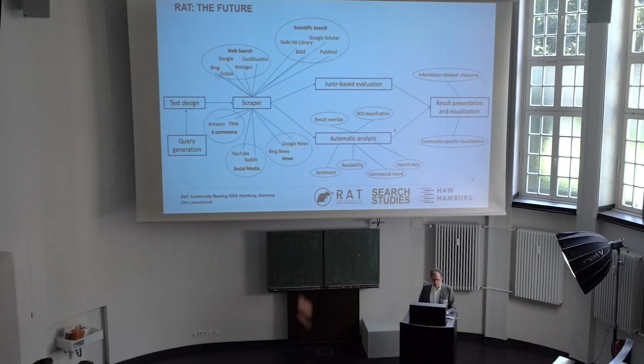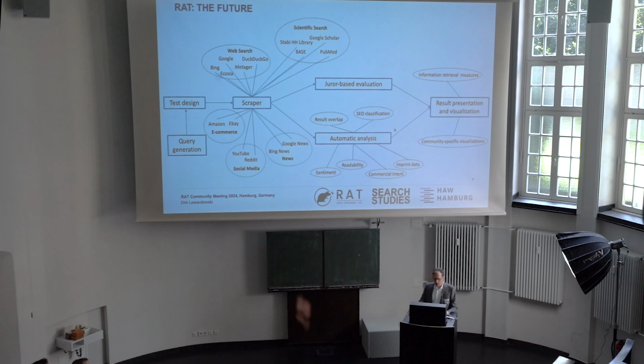This gives an impression of how broad the spectrum is where we can add scrapers. And if you think there is one system you would like to scrape, just talk to us and maybe we can do something about that.